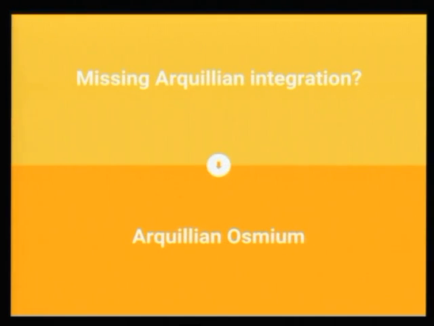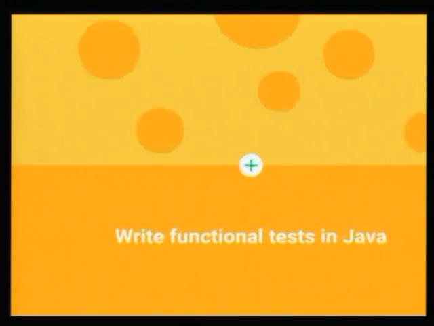Okay, again, Arquillian integration. Arquillian Osmium is a new library written by me, and it's very similar to Droidium, but it's younger. The feature parity is low, and I will talk about that later.